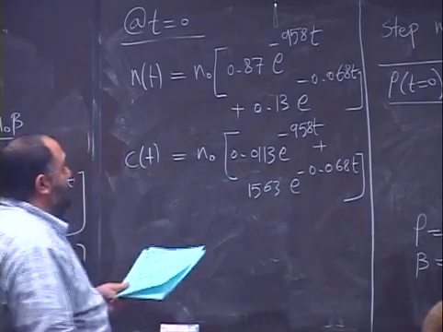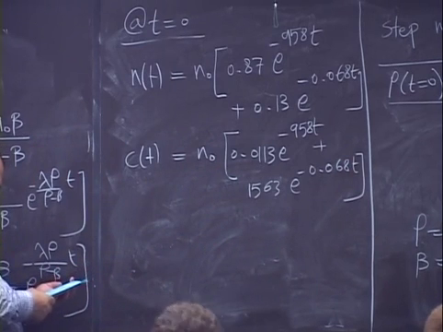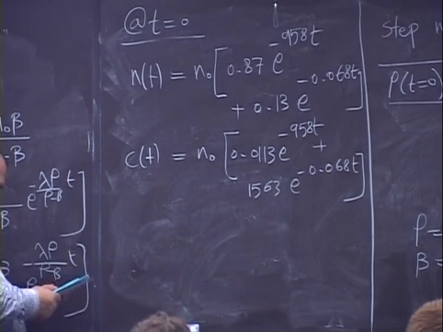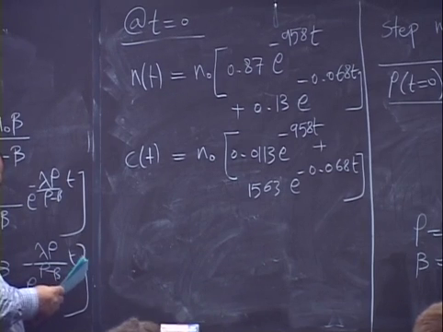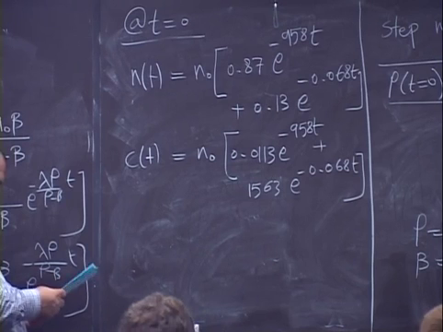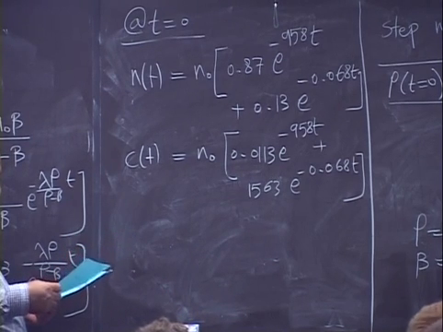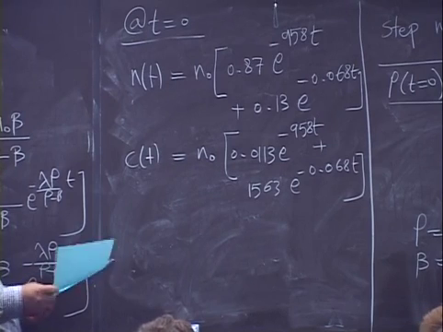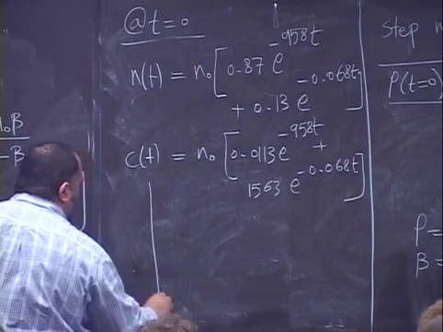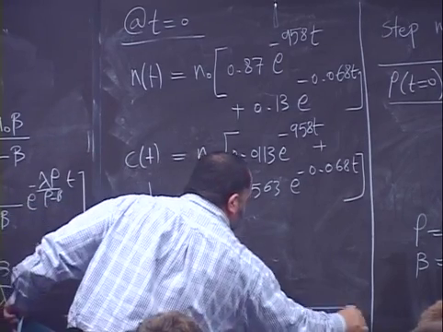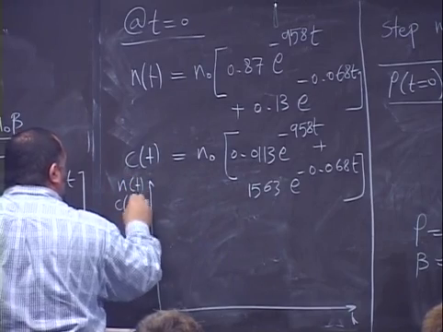So both exponents will be negative. If you plot C of t and n of t here, this is the time, and this is n of t and C of t.